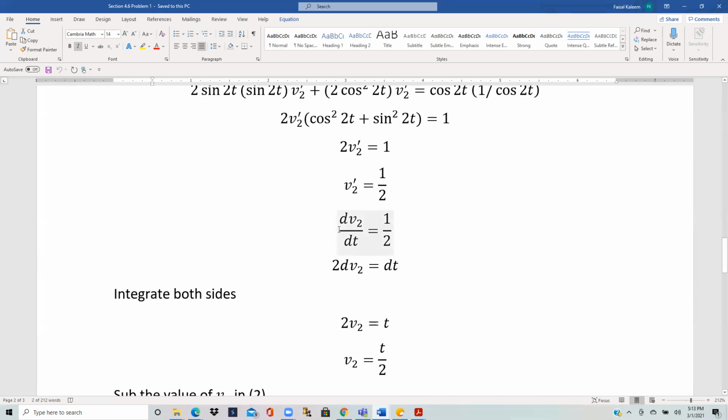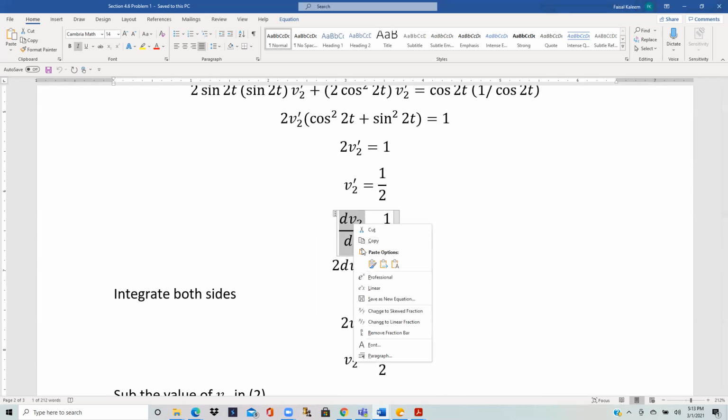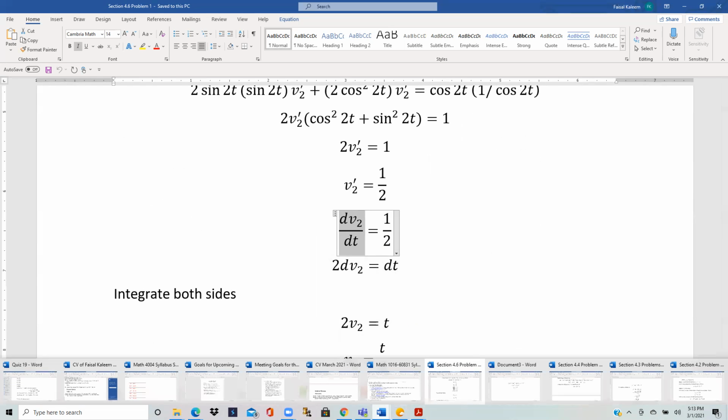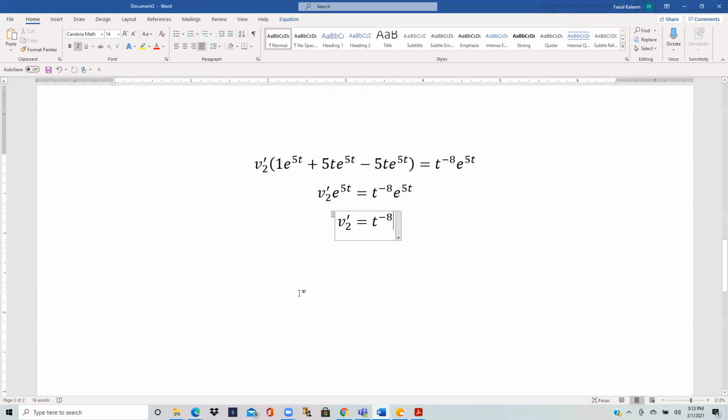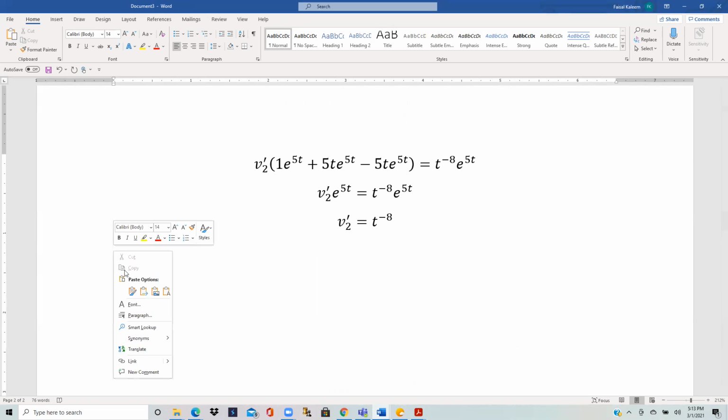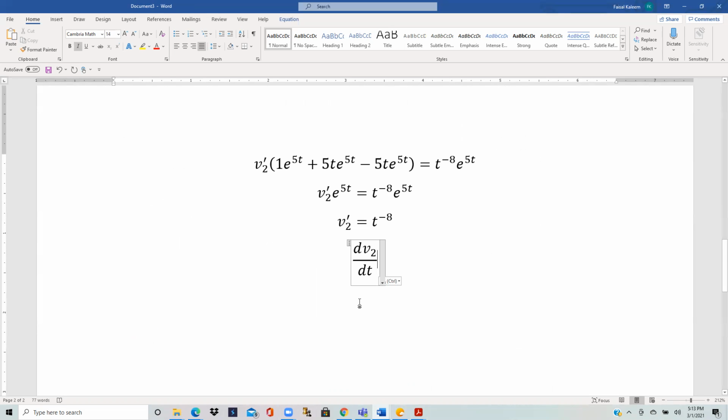So v2 prime is just dv2 over dt, which is equal to t to the negative 8.